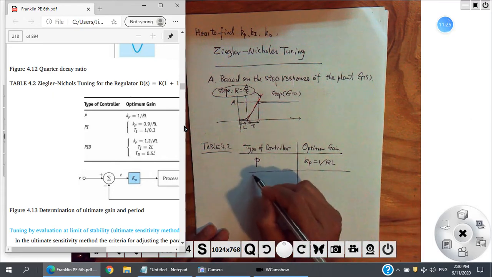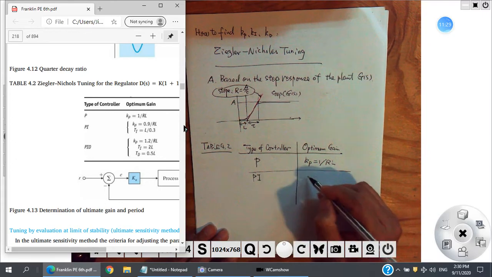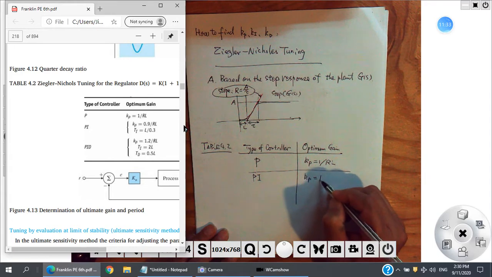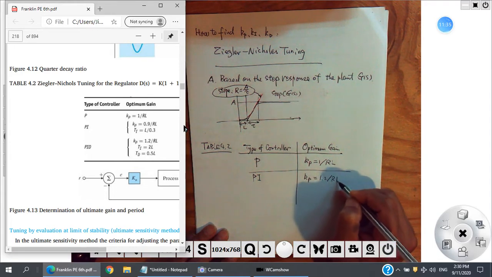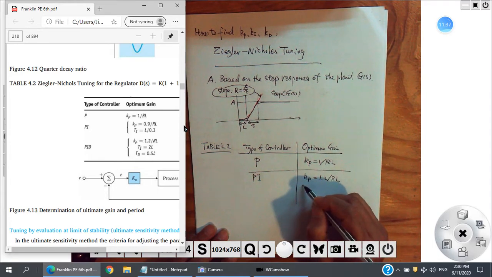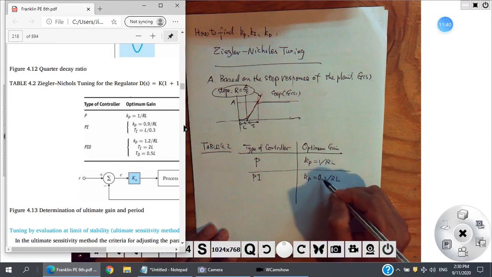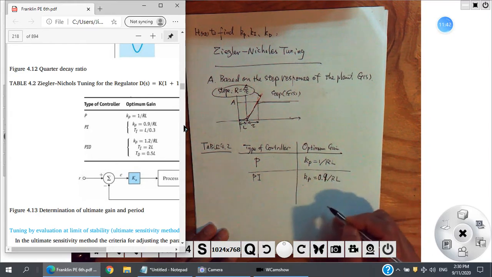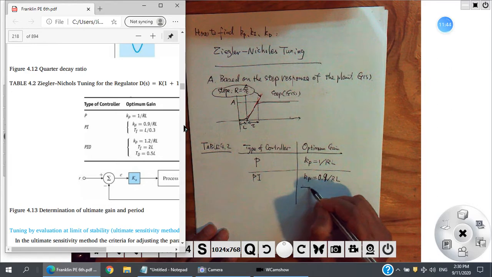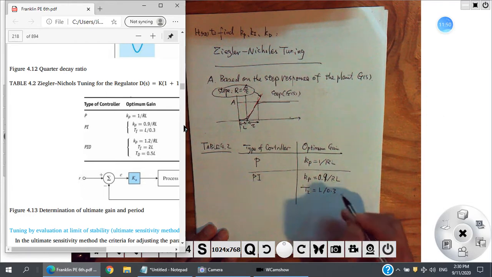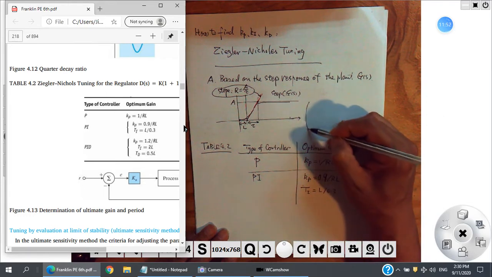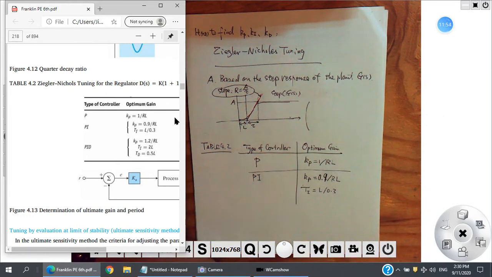If the controller is a PI controller, we need two parameters. One is Kp, which is 0.9 over RL, and then we have Ti equal to L over 0.3, and here Ti is a parameter. It's here.